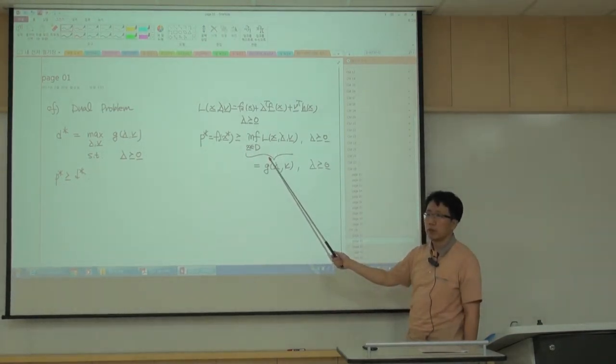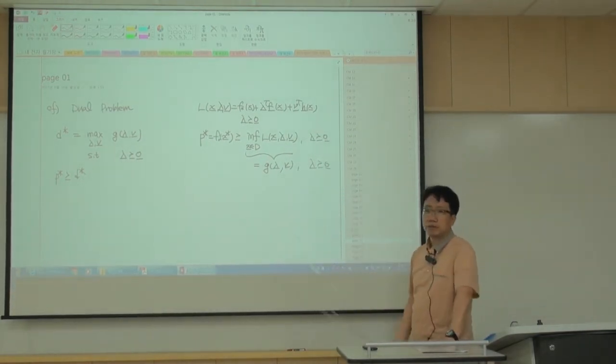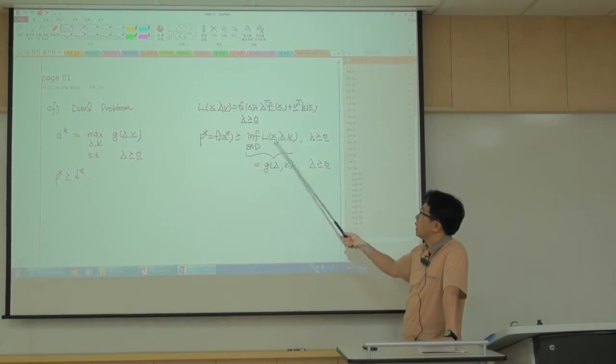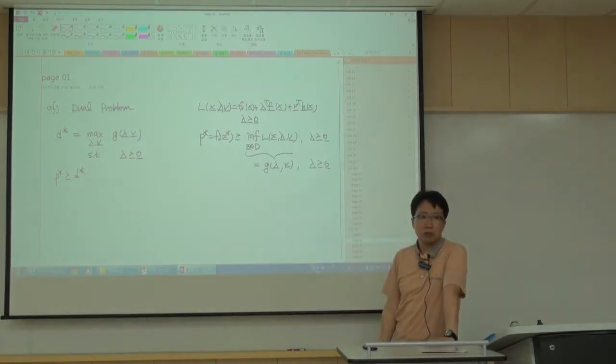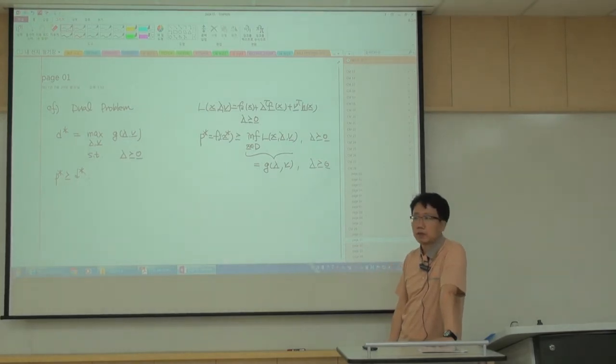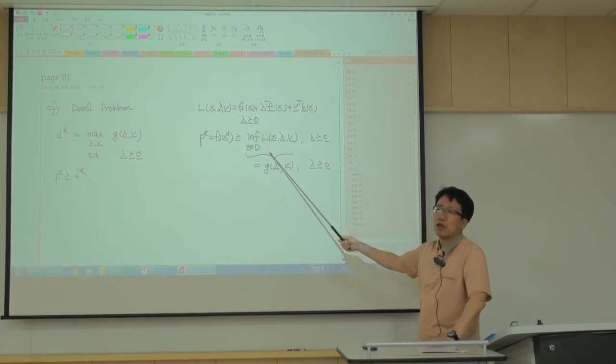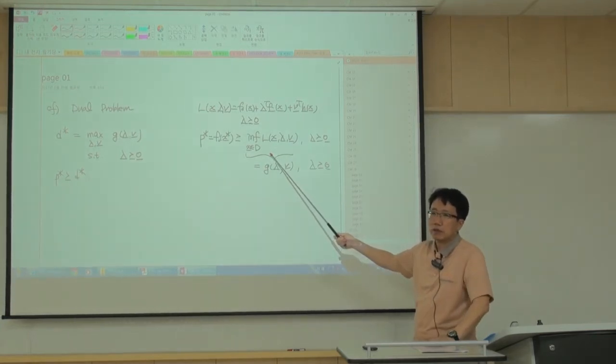And then you may find that this equals 0. You may find x satisfying that the derivative of this equals 0. That's what we did actually, as you remember. When this D has a very nice property, right?